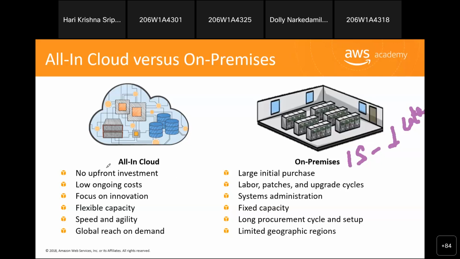Whereas in cloud, it is zero upfront cost.